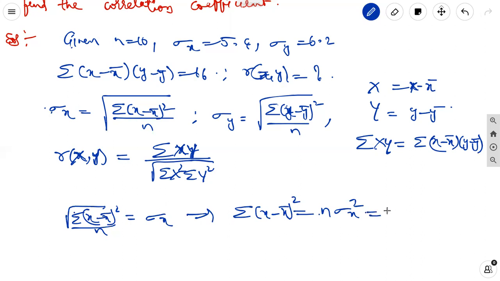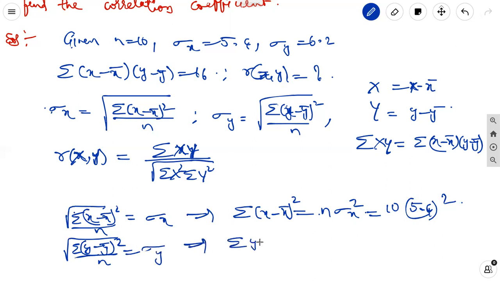Here n equal to 10, sigma x square is 5.4 whole square. And under root of summation of (y minus y bar) whole square by n is equal to sigma y. Squaring on both sides, summation of (y minus y bar) whole square is equal to n sigma y square. N equal to 10, sigma y is 6.2 whole square. Let us calculate this using a calculator.